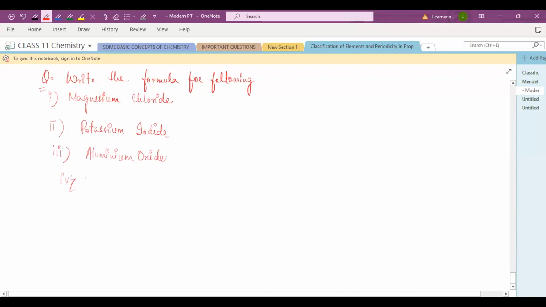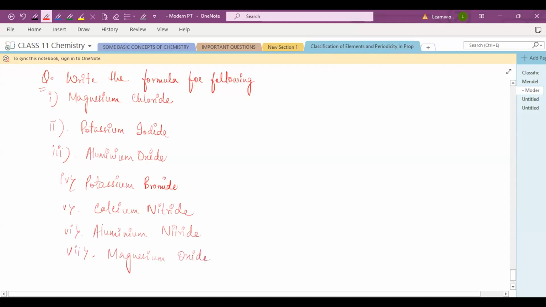Fourth is potassium bromide. Fifth, calcium nitride. Just write down the formula according to the valency.